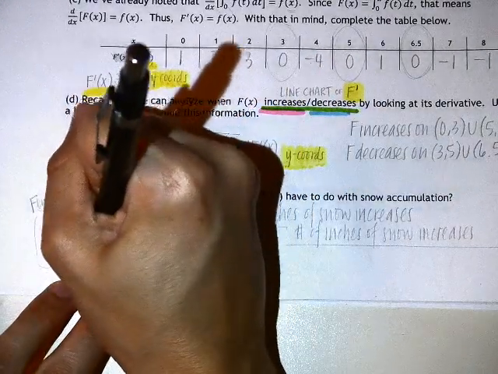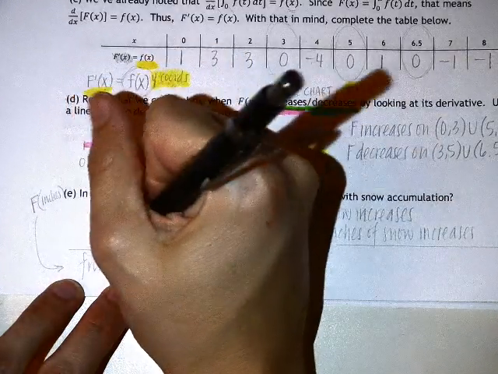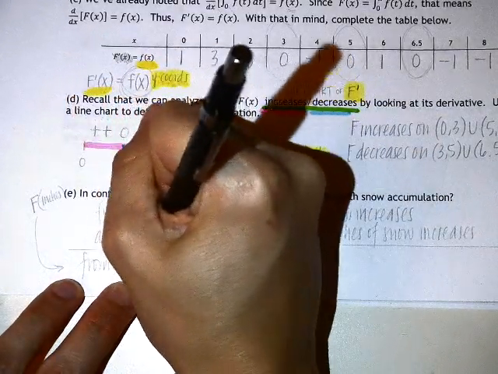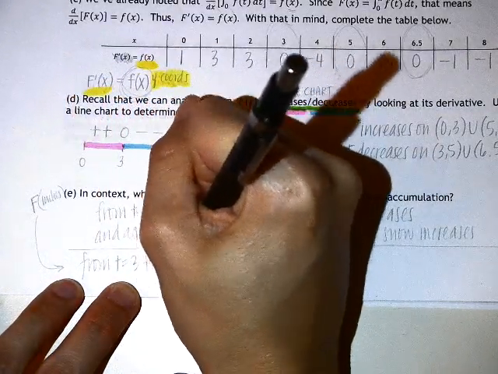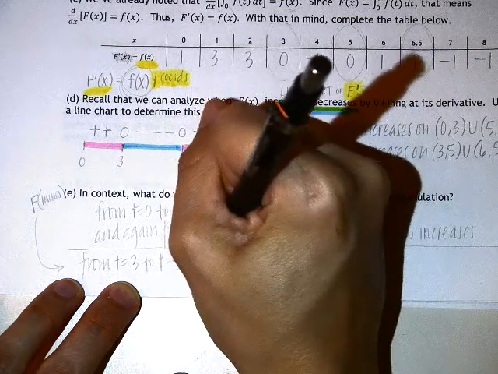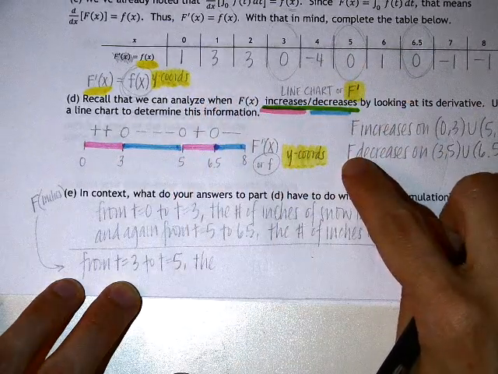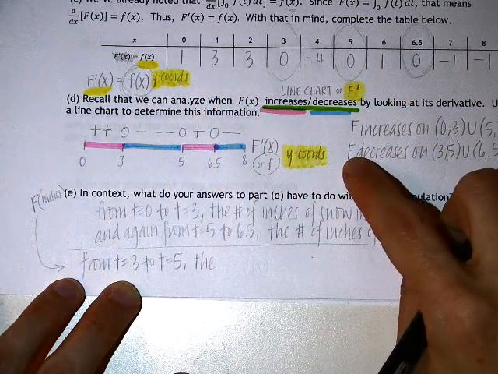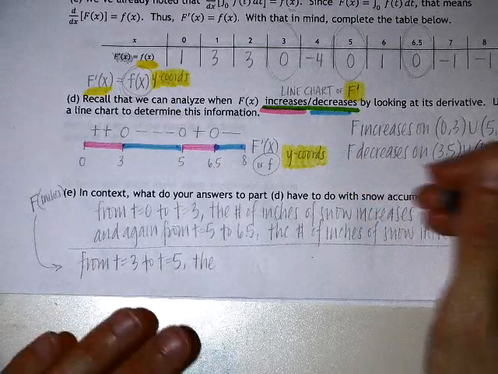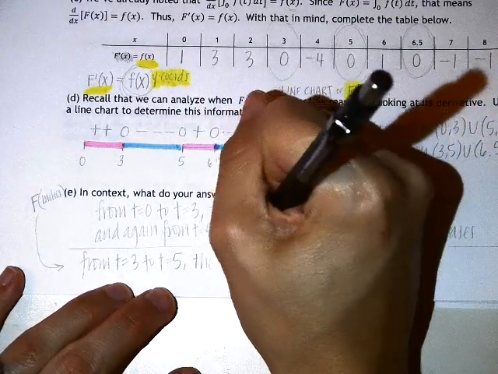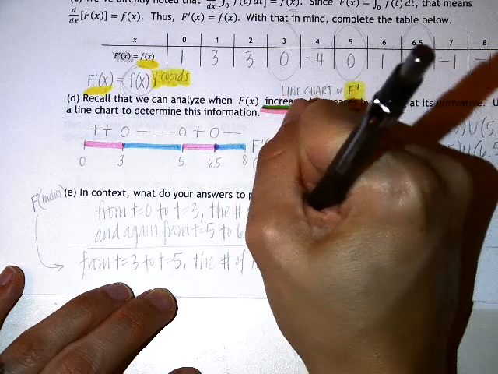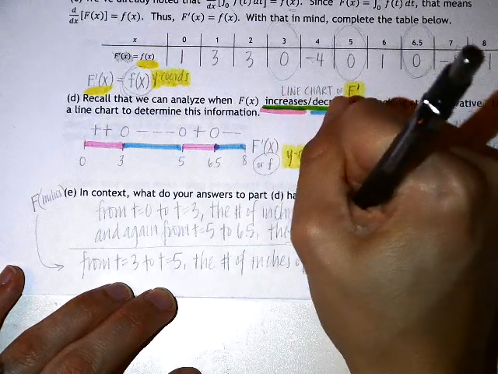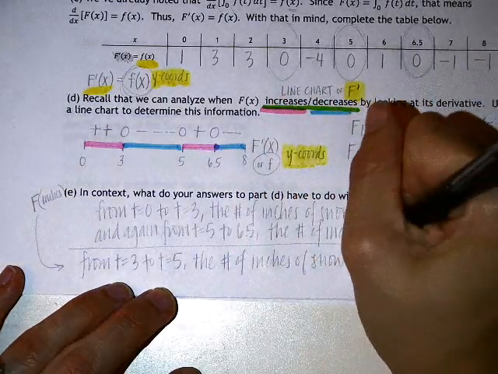From time 3 to time 5, and I'm replacing the big F here, instead of the letters big F, I'm thinking number of inches. The number of inches of snow decreases.